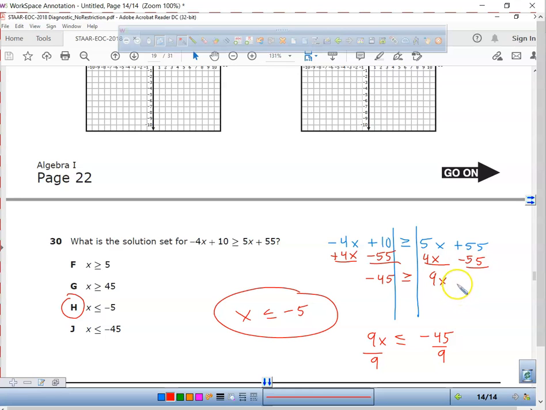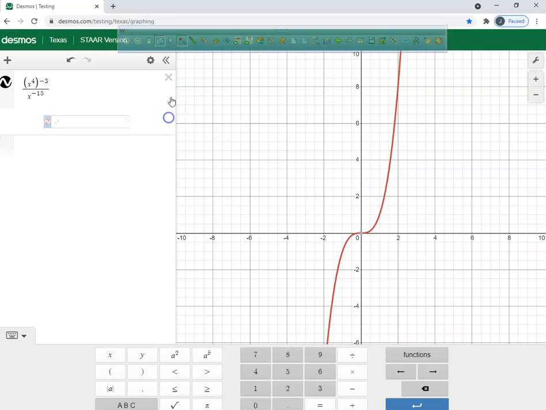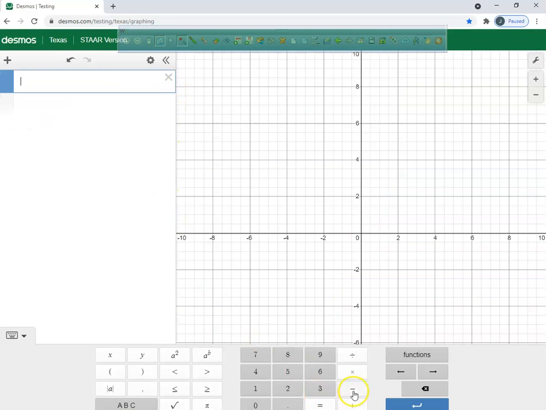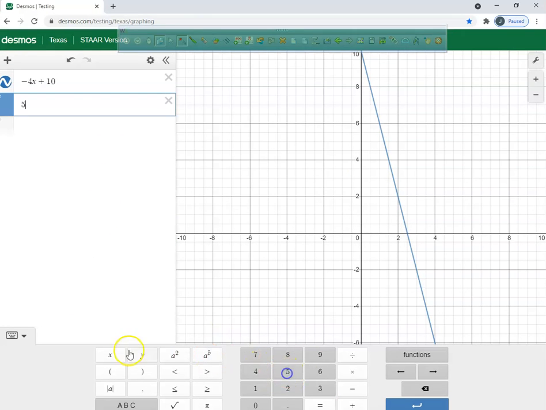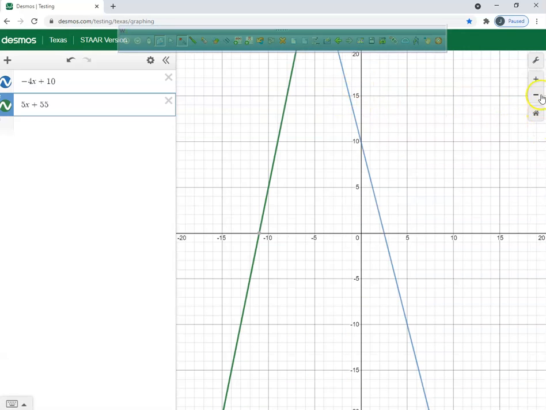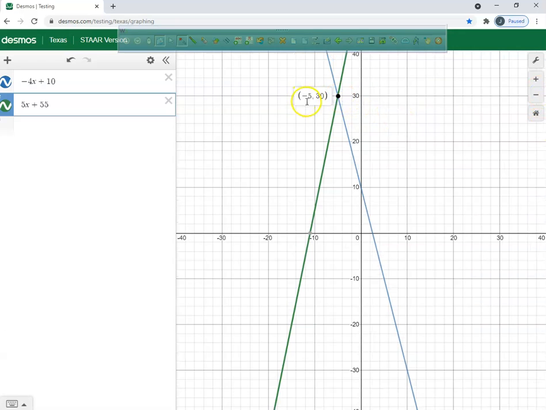All right? Now, you could, by the way, in Desmos, there's only one thing you could do. You could type in the left side of the equation, which is -4x plus 10, and then on the right side of the equation, it was 5x plus 55. And that would correctly solve for x. What's x equal to? -5.